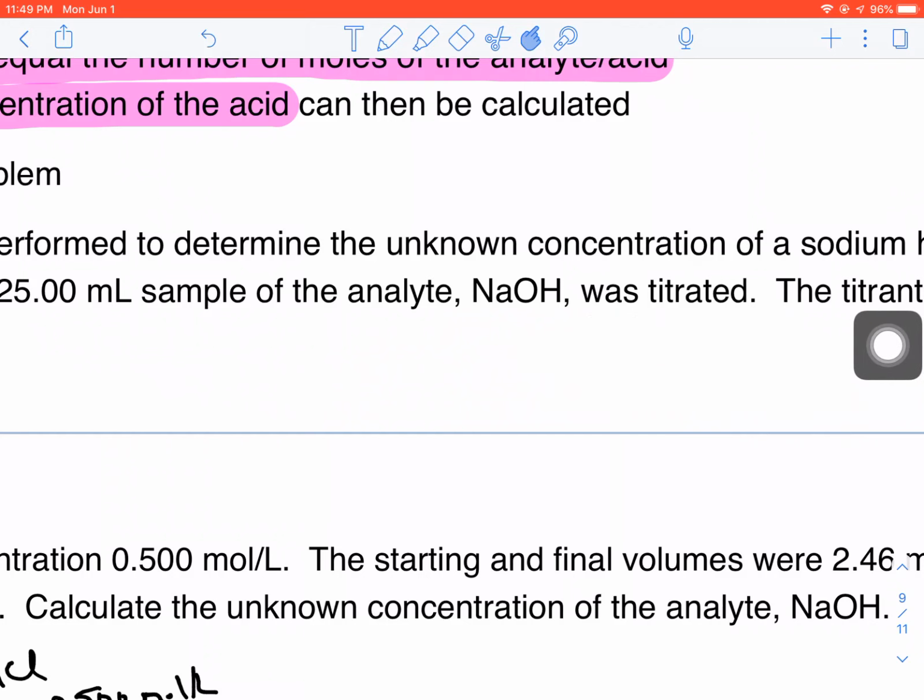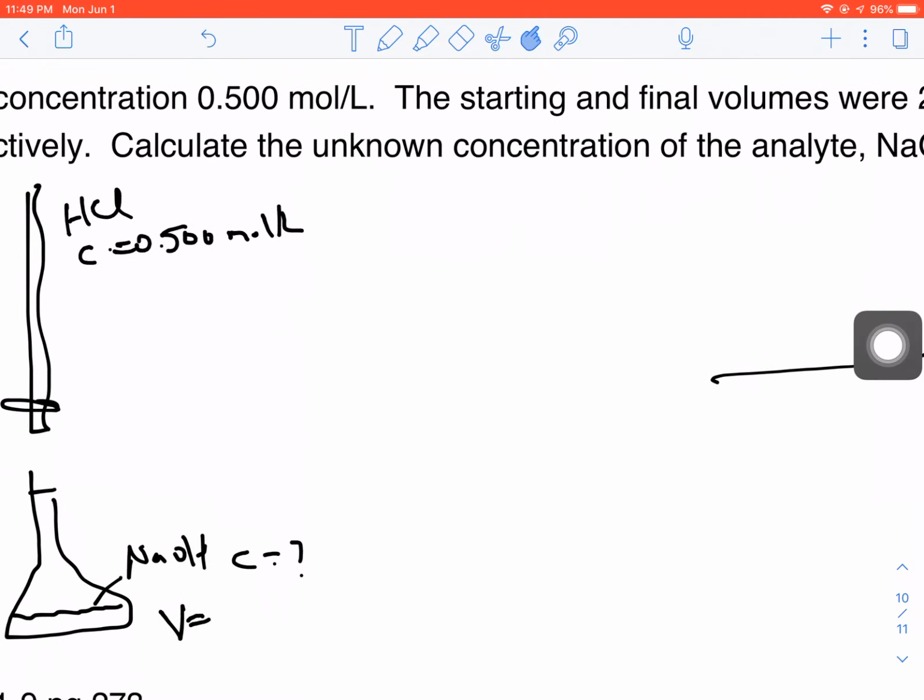So 25.00 milliliters is my volume for sodium hydroxide, which is 0.02500 liters. You can do the calculation. You've done this enough times now, I think.